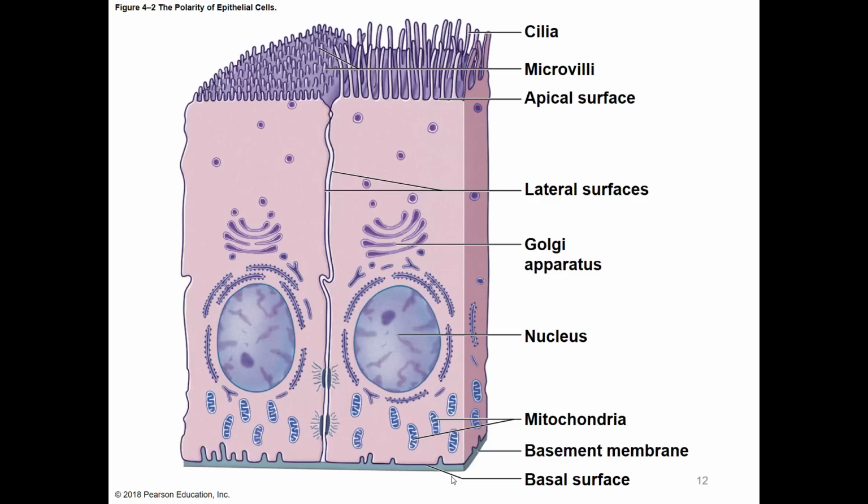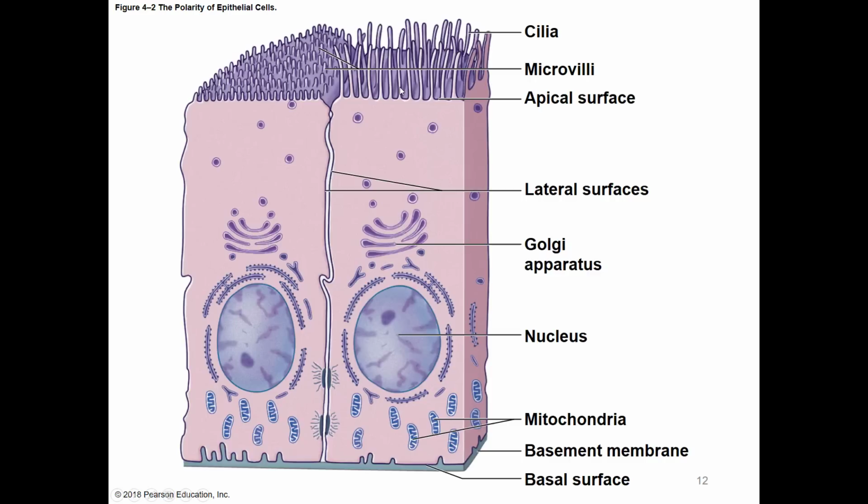So this is a representative of a clump of epithelia, and really it's just two cells that are stuck together in the epithelial sheet. And what you can see here is that there's definitely what looks like a top and a bottom. Now, of course, you might look at top and bottom differently if we're talking about internally. But the apical surface is the surface that we see up here.